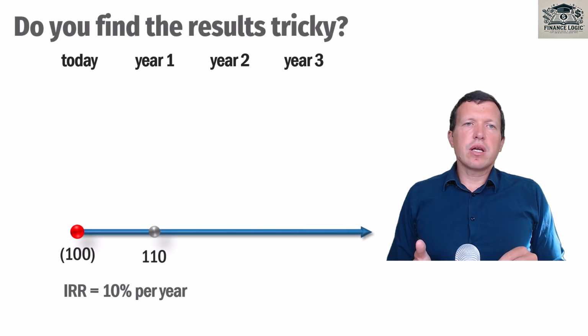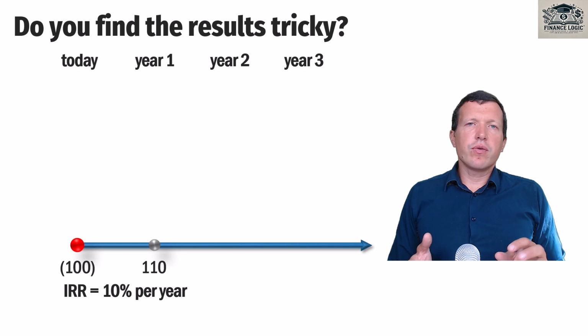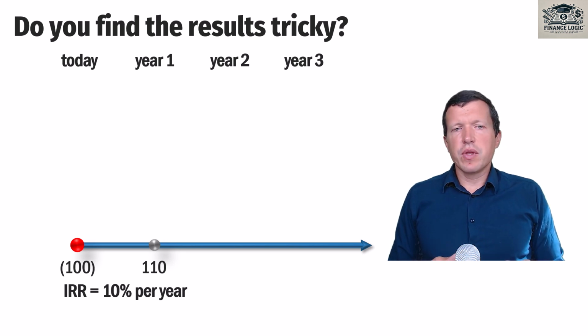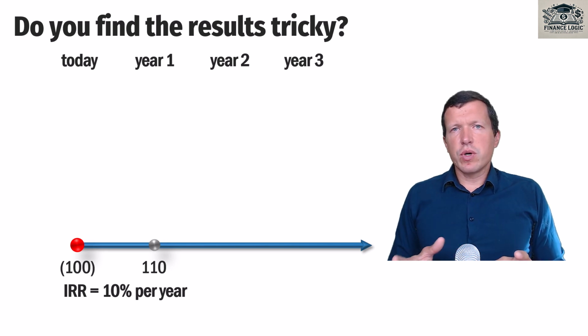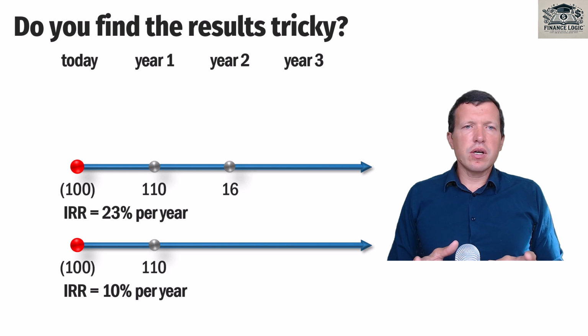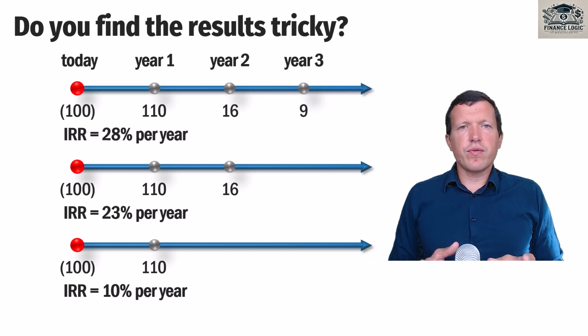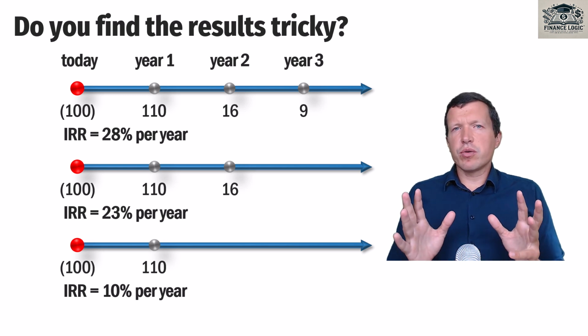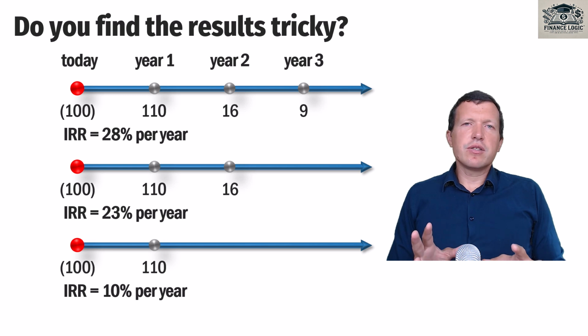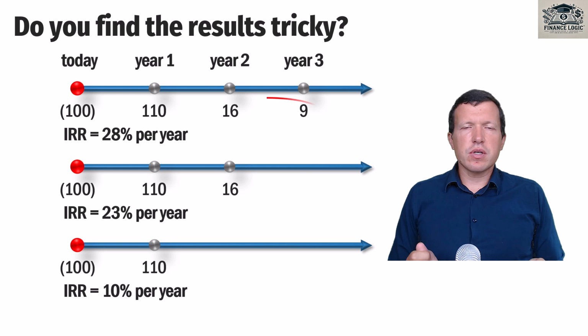So now let's take a look at our 3 examples that we have just observed. First one, the project lasts 1 year and we have 10% IRR. Second one, 23%, and the project lasts 2 years, and third one, 28%. Try to forget for a moment about the math. Just compare the results with the projects themselves.